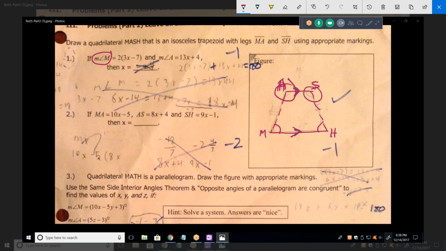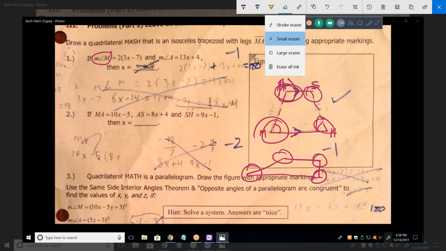So if I look at that angle, they're supplementary. And if I look at that angle and that angle, they're supplementary. But that's it. And that's whether it's isosceles or not. In other words, if I had a trapezoid like this, same thing. That angle and that angle are supplementary. And that angle and that angle are supplementary. So it doesn't have to be isosceles for that to be true. That's just the case with all trapezoids.